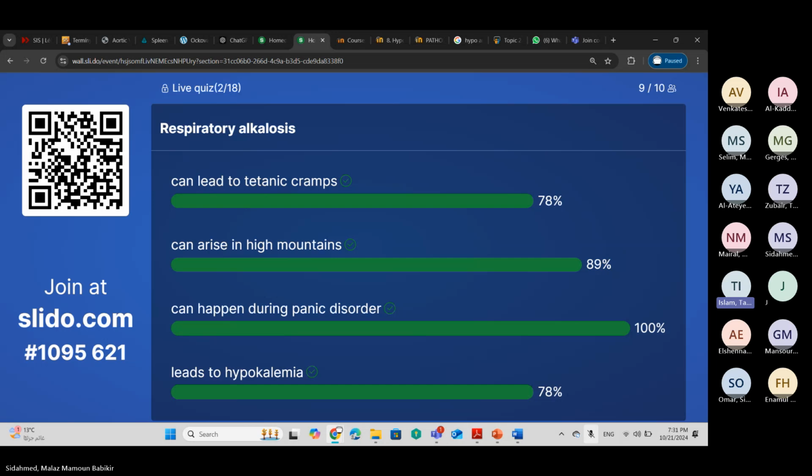Rise to high mountains and panic disorder are both associated with hyperventilation. Hypokalemia, yes, it can lead to that, because once again the amount of H plus is lower in plasma, and because there's lower H plus, there's a cellular compensation in which there is efflux of H plus into plasma and influx of K plus into cells. That leads to hypokalemia. It has a hypokalemic tendency.